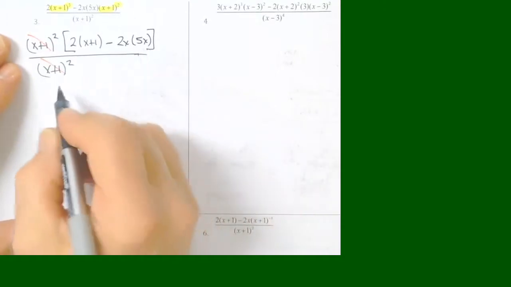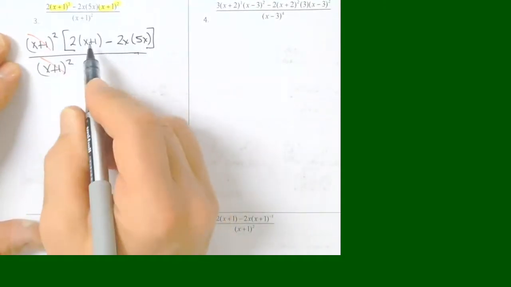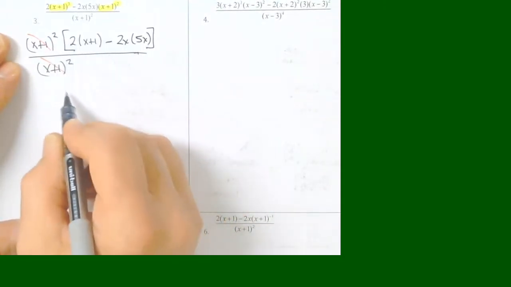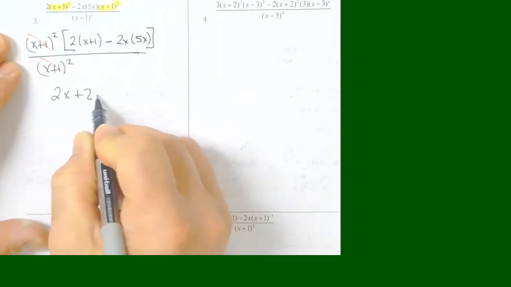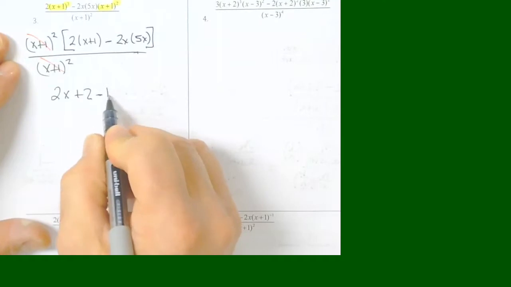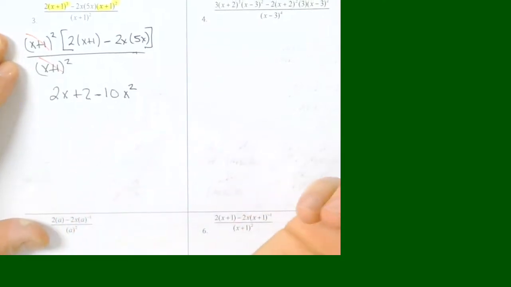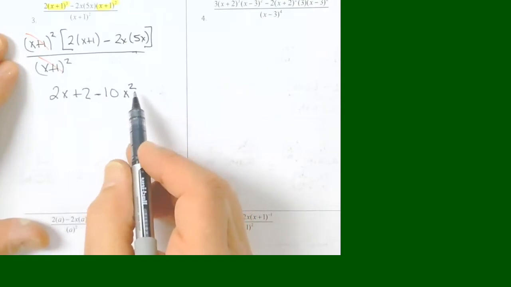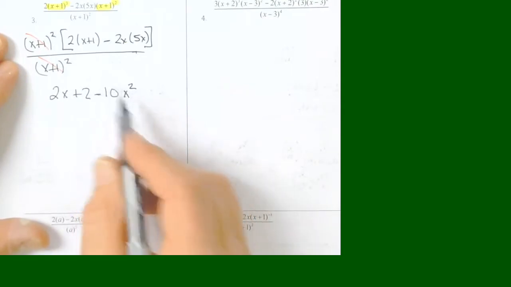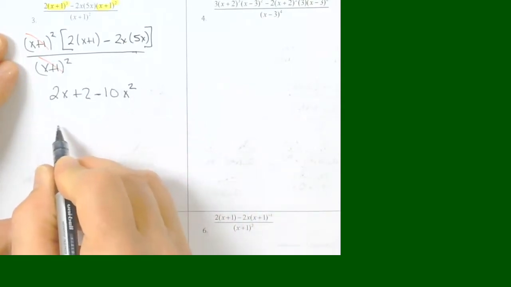So what does this give me? I'm going to distribute this 2 back into the x plus 1. 2x plus 2 minus 10x squared. I don't think that's going to simplify. In fact, I am going to factor that 2 back out. Let's see what happens.